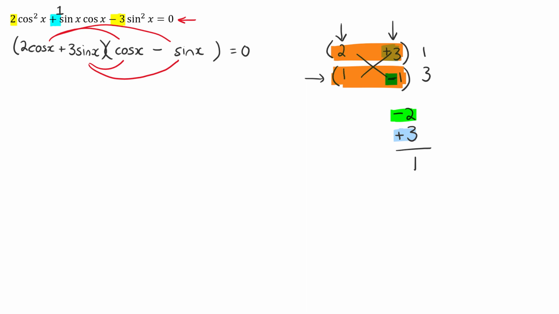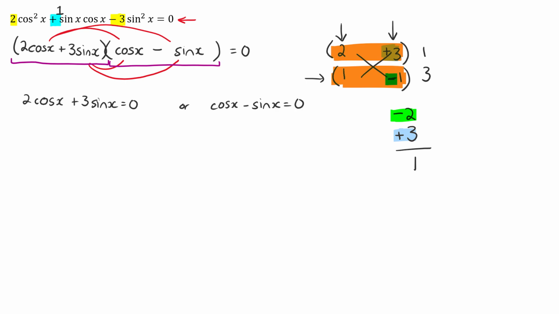And so we can now apply that zero factor law, which says take each of your factors, so there's factor 1 and factor 2, which basically means take your brackets, or whatever's inside your brackets, and make them equal to 0. So we're going to have 2 cos x plus 3 sine x equals 0, or we're going to have cos x minus sine x equals 0.